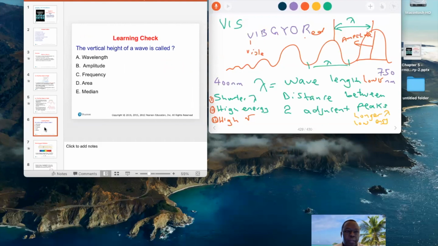Look at the PowerPoint slide here: the vertical height of a wave is called amplitude. Wavelength is the distance between two adjacent peaks. Frequency is the number of waves passing a given point. That's what I want to point out to you.